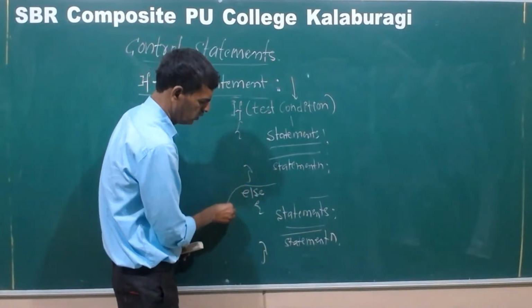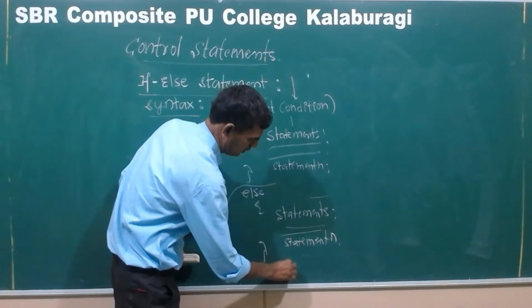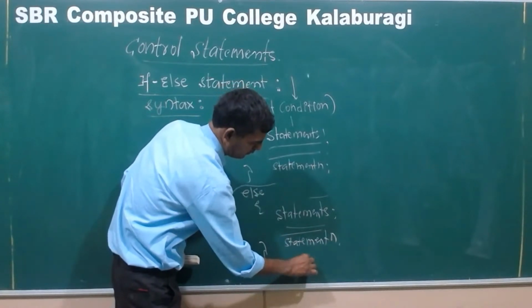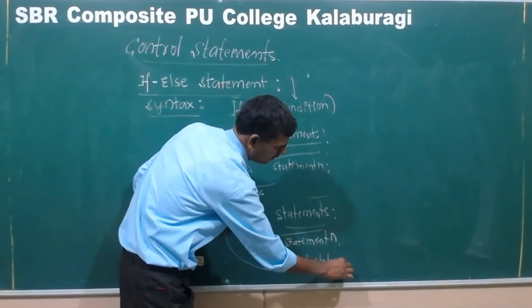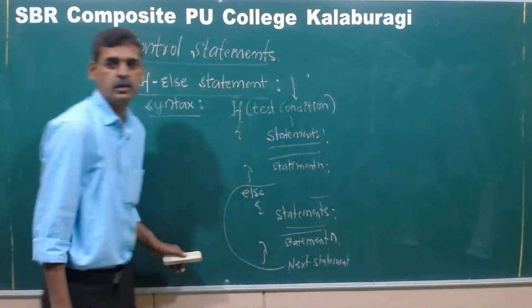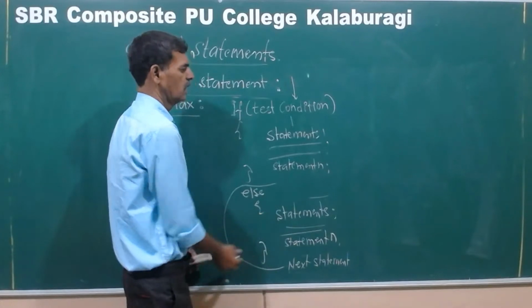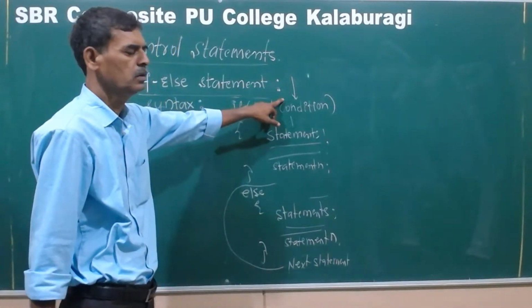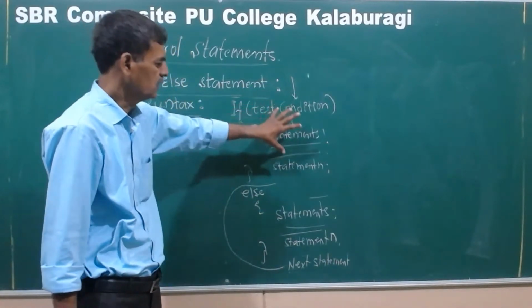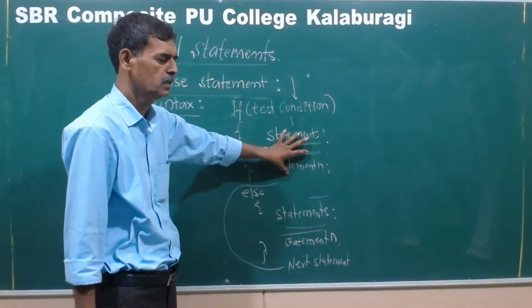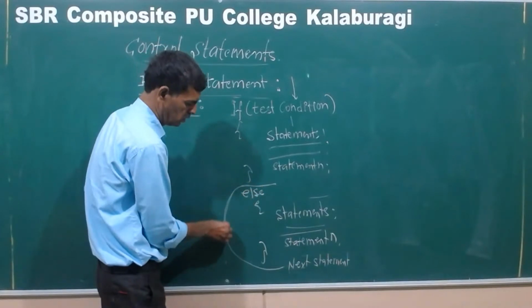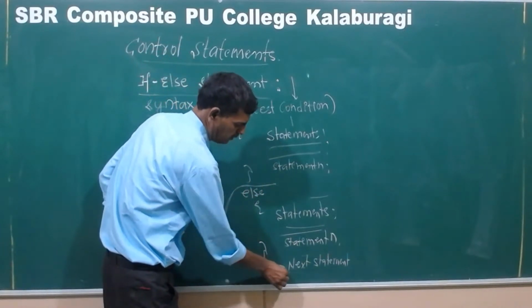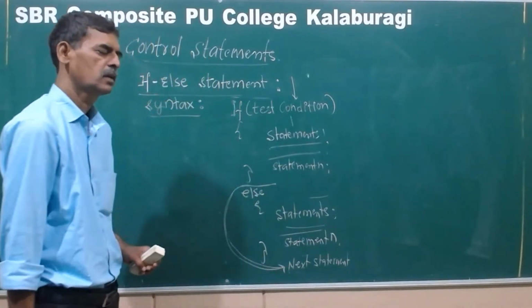Then it goes to next statement. If test condition is true, statements in this block are executed and control goes to next part of the if-else construct.